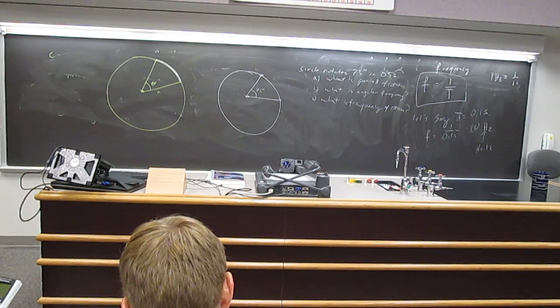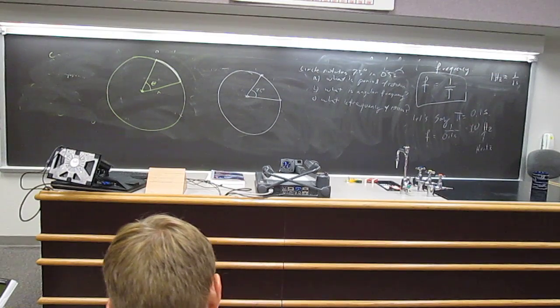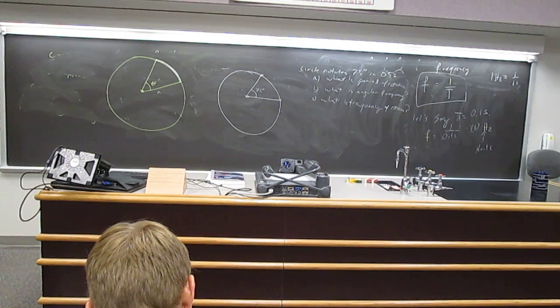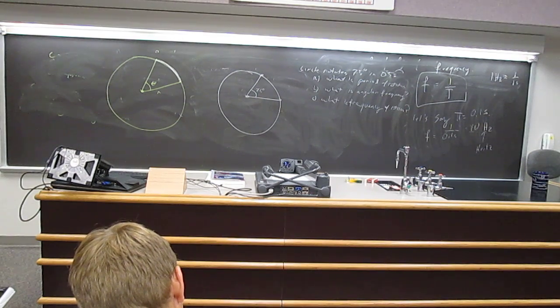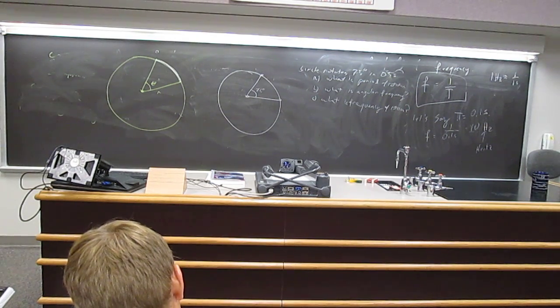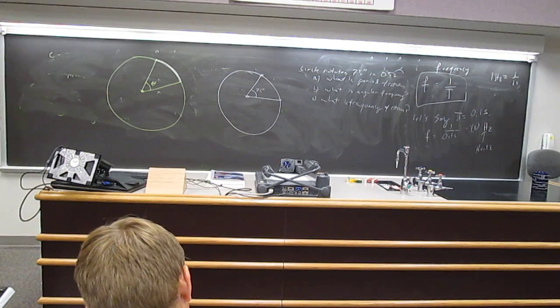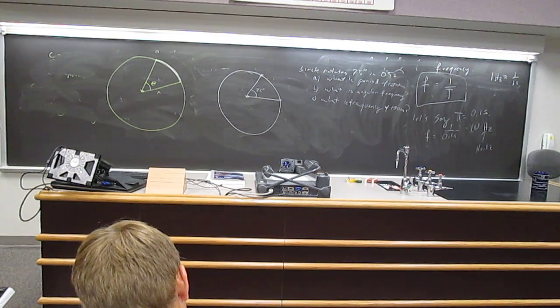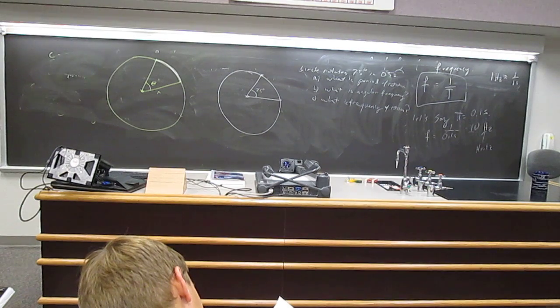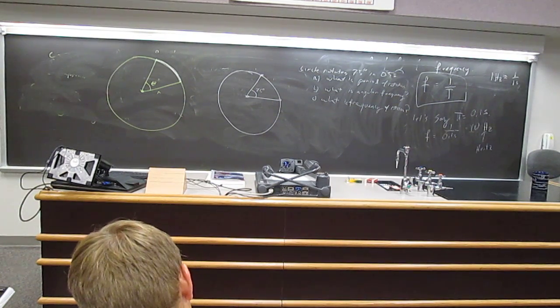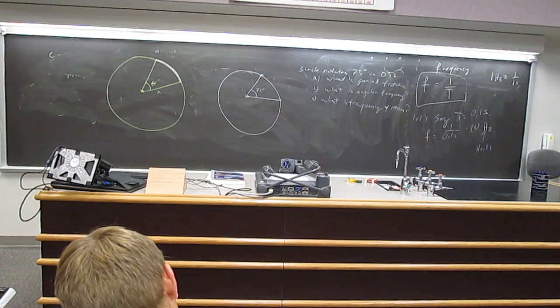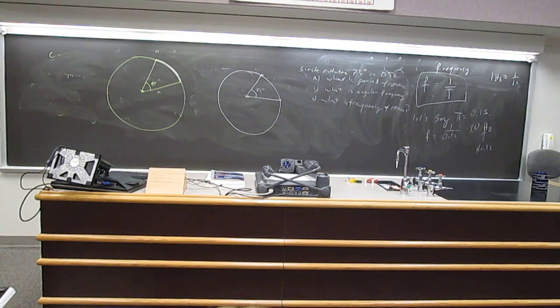For A, 2.4, and then 2.62. Is the frequency 1 over big T?